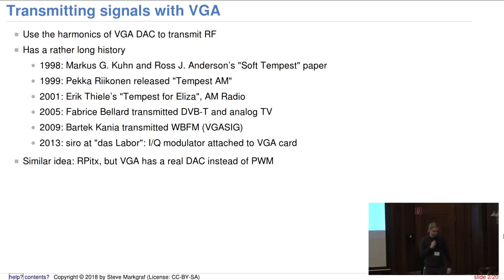I again looked at what the origins actually were, and it goes even further back than I mentioned in the original talk. It all started with a paper from Marcus Kuhn and Ross Anderson, and it's a pretty interesting read. Everyone knows Tempest probably.